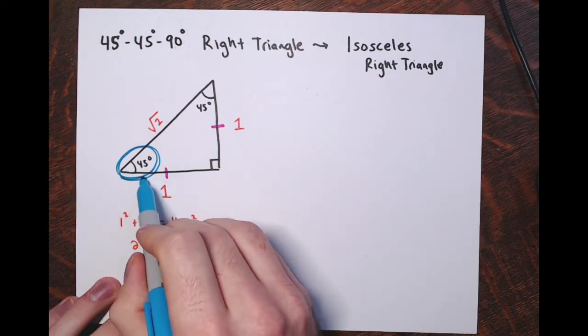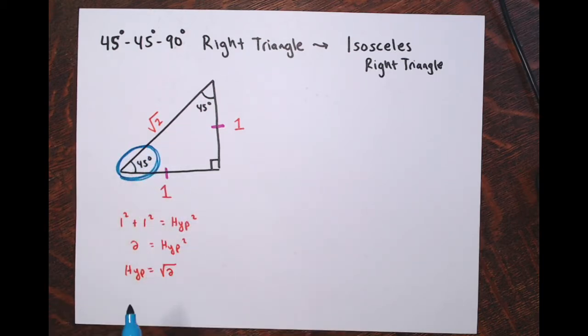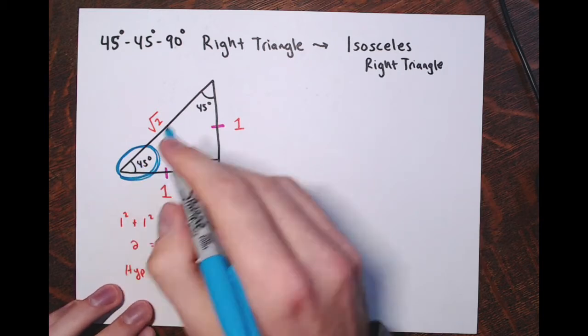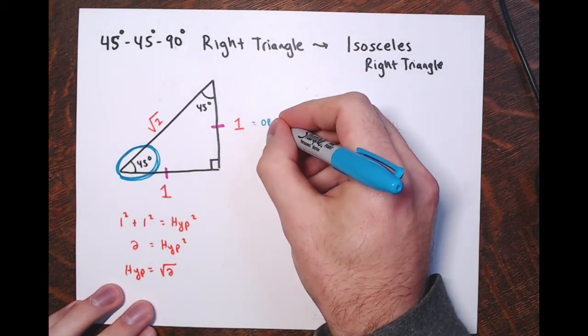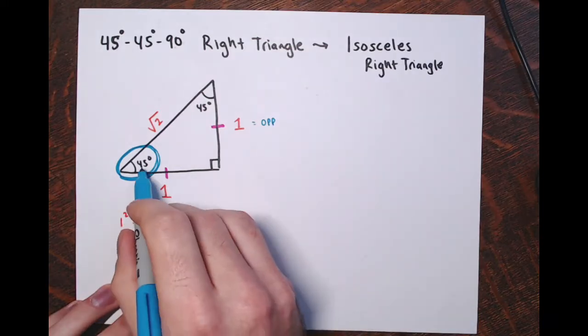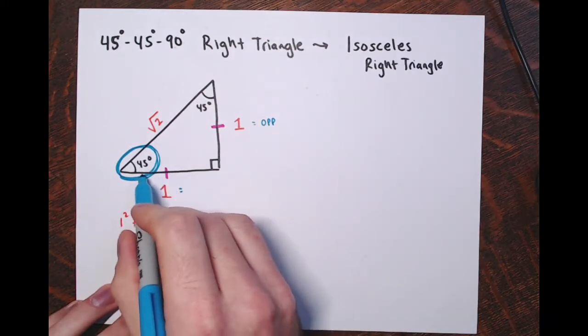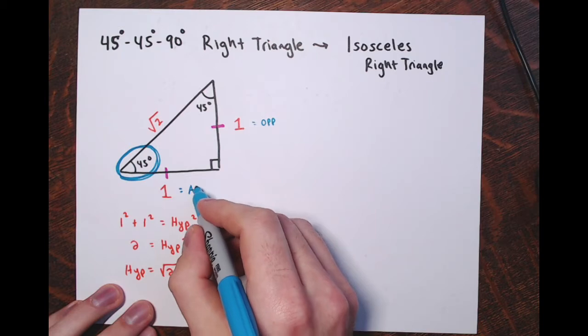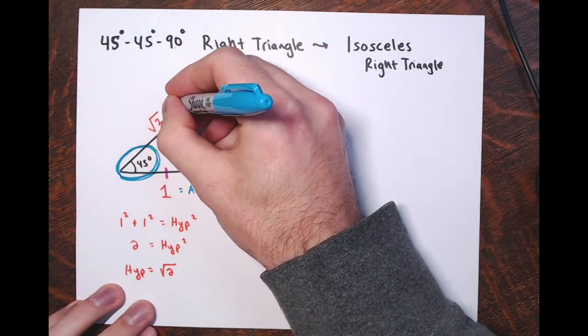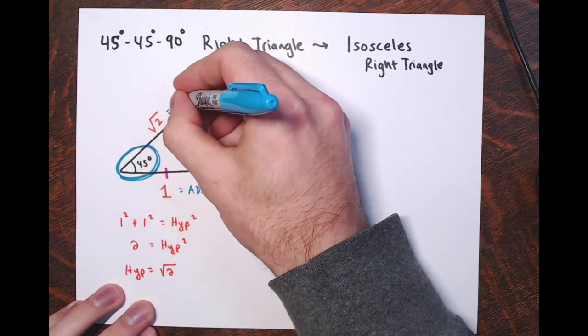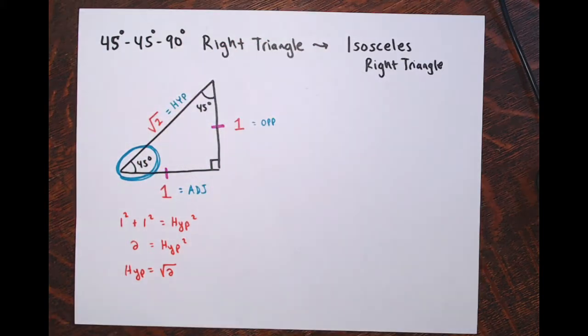If I focus on this one, then this 1 unit here is the length opposite, OPP. This length of 1 unit, this side, is the length adjacent, ADJ. As we've already established, the longest side here opposite the 90-degree angle is the hypotenuse.